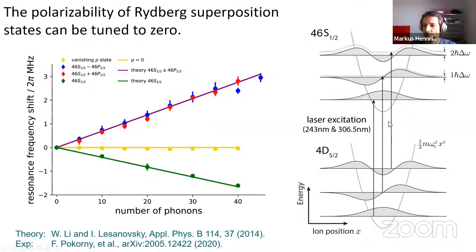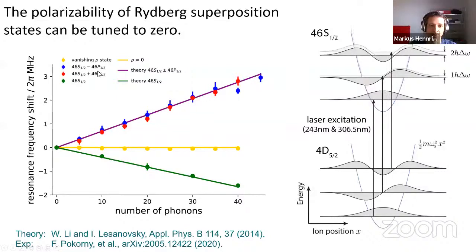If you go to an equal population of S and P states, so a dressed state that is resonant, you put your microwave on resonance and you couple them quite strongly, then you have an equal population of these two levels. And since the P level actually has a higher polarizability but with opposite sign than the S level, you actually see the shift going in the other direction, which means instead of having a weaker trap, you actually have a tighter trap in the Rydberg state.